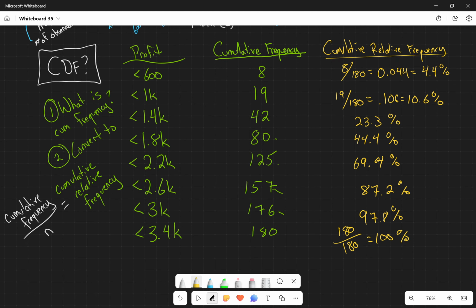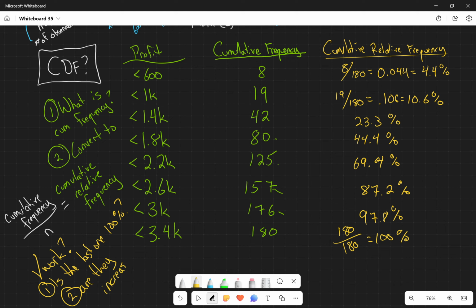And if you do this correctly, the way that you can check your work is, one, is the last one 100%? And two, are they increasing? If they're not increasing, or the last one's not 100%, you did something wrong, right?